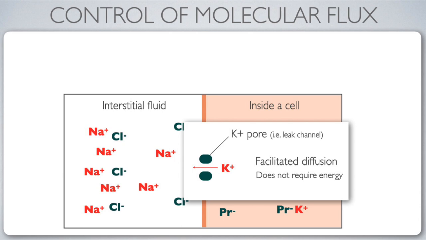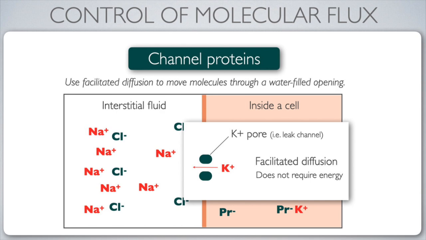And because chemical diffusion favors potassium leaving the cell, this doesn't require any energy. You can think of this as essentially just a hole in the cell membrane that allows only potassium to cross. It's known as a channel protein.